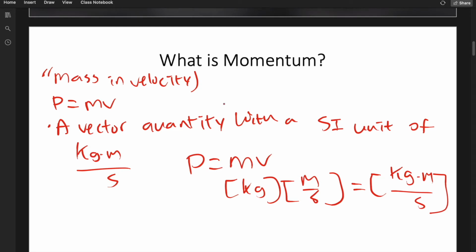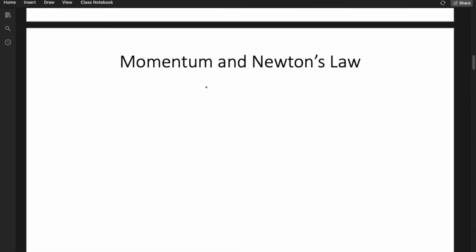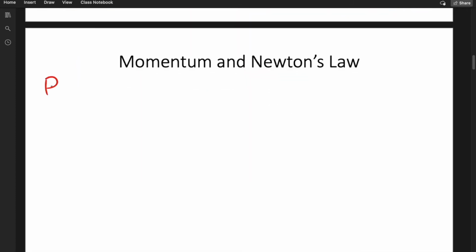However, when you learn impulse, you might have a different way of understanding what momentum really is. Cool. So momentum and Newton's law. Momentum is equal to mv, mass times velocity, and Newton's law states that the net force is equal to mass times acceleration. So how do we connect them? Well, they both have mass, but one of them has velocity and the other has acceleration.